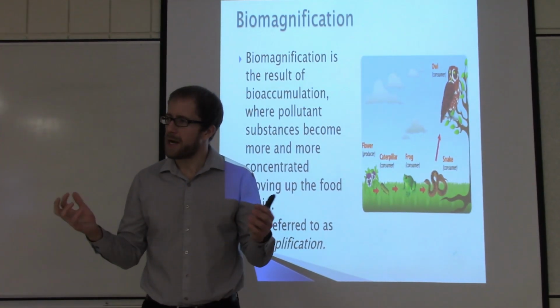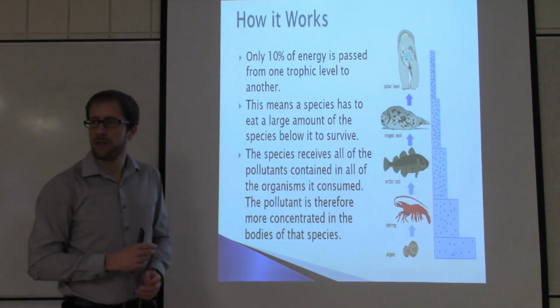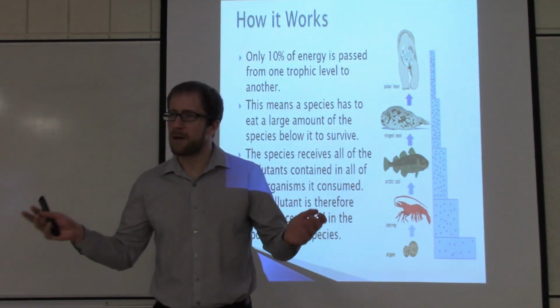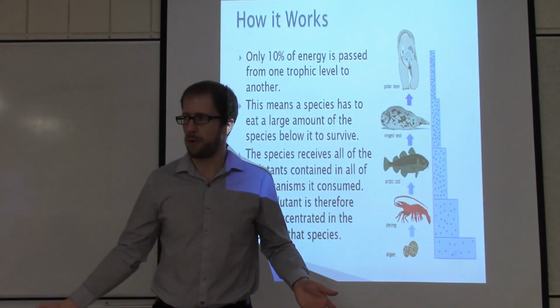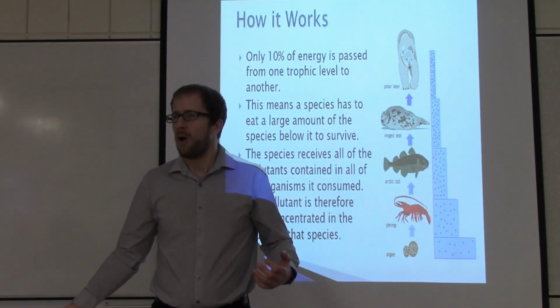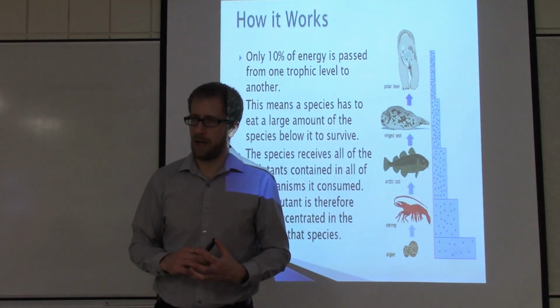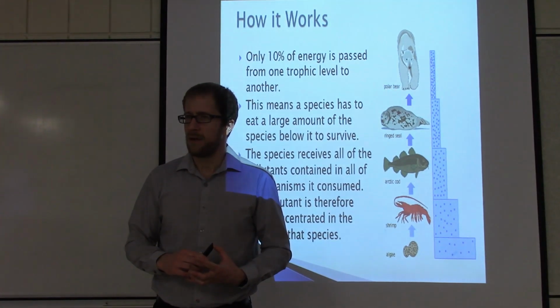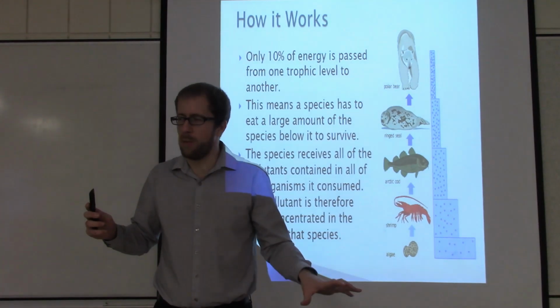Then those were eaten by smaller fish, and then those smaller fish were eaten by bigger fish, and then those bigger fish were eaten by birds, and those birds were eaten by large birds of prey. Now, we found in those birds of prey extremely high levels of DDT. Hundreds or thousands of fold higher than what was found in the water.